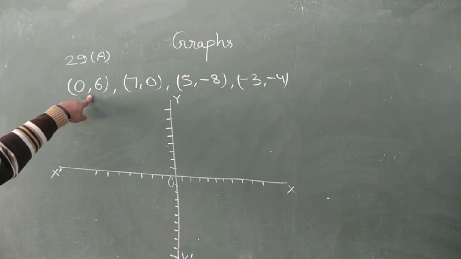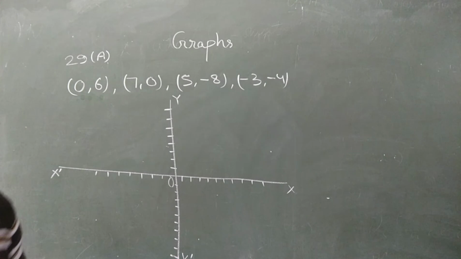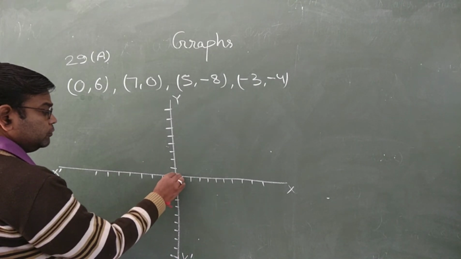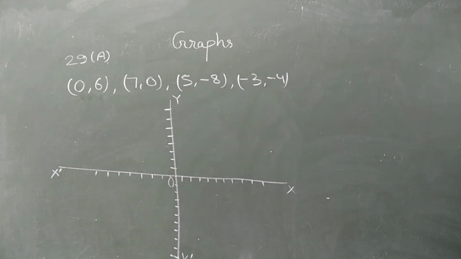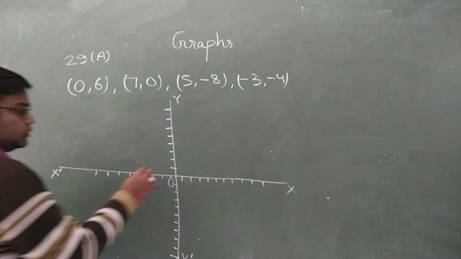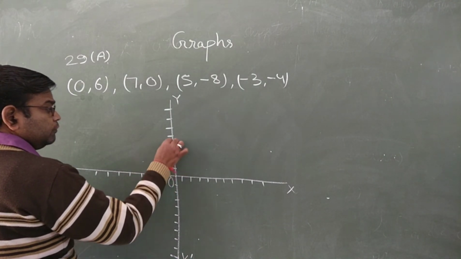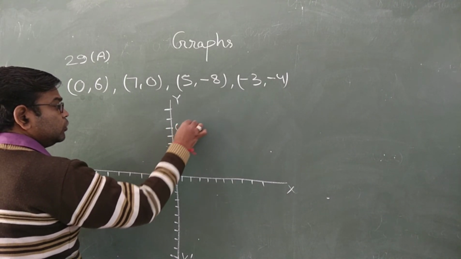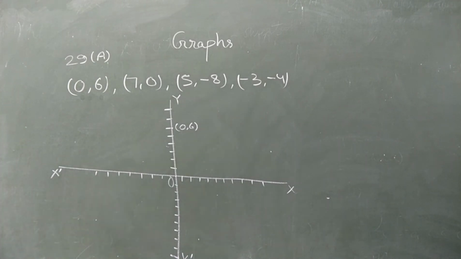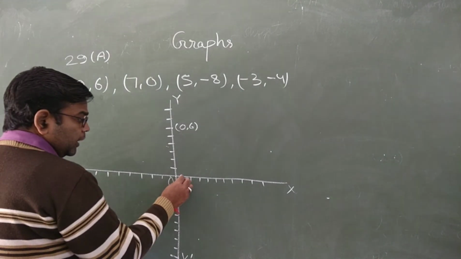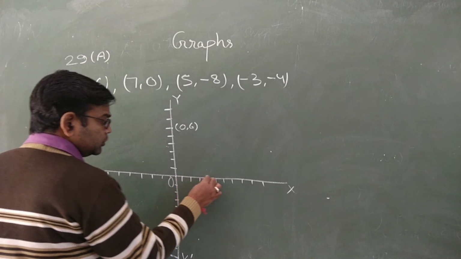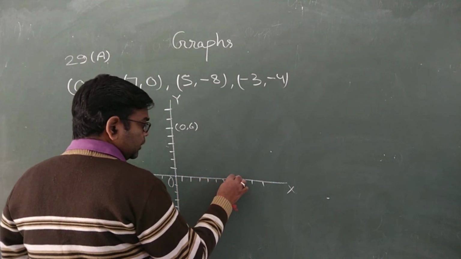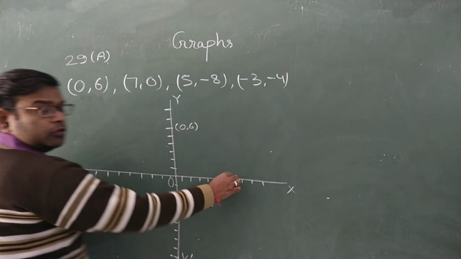Now see the first point, 0, 6. What does this mean? On the x-axis we have the value 0, meaning we stand at the origin, and on the y-axis we move positive 6: 1, 2, 3, 4, 5, 6. So this is the point where you can write 0, 6. Then 7, 0 means on the x-axis we move 7 points, 1, 2, 3, 4, 5, 6, 7, and on the y-axis move 0. 0 means nowhere.